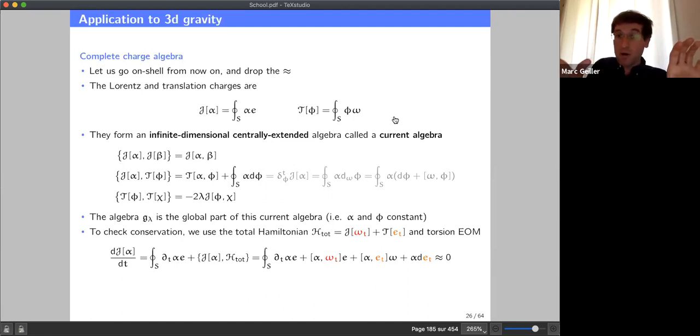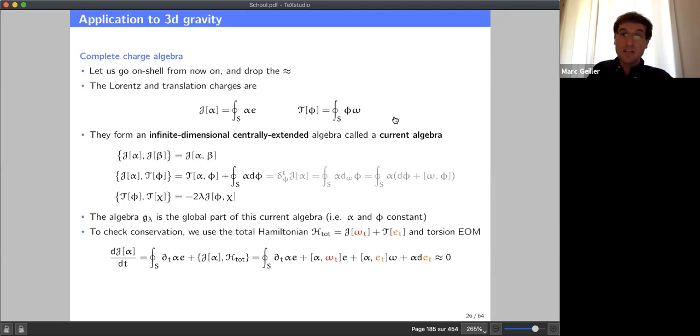So in the case of diffeomorphisms, and we will again prove this in the next slide, there is a contribution which may not be integrable, and we have to worry about integrability of this contribution. But in the case of translations, this contribution is here, but it's always integrable. In the case of Lorentz transformations, this contribution is not here, and the Hamiltonian charge is the Noether charge.